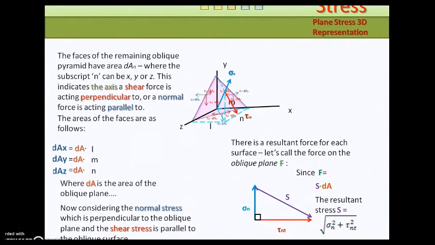And here we have S for the resultant stress. And the expression for S, the resultant stress, is derived from Pythagoras' theorem, as we can arrange the normal stress and shear stress to form a right-angled triangle, like so.